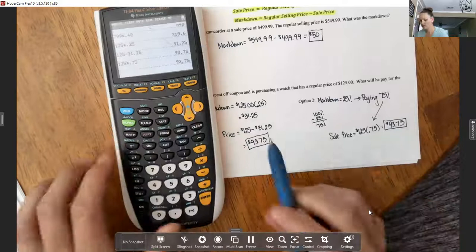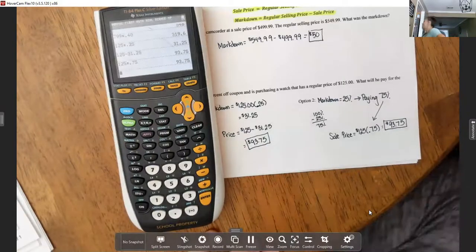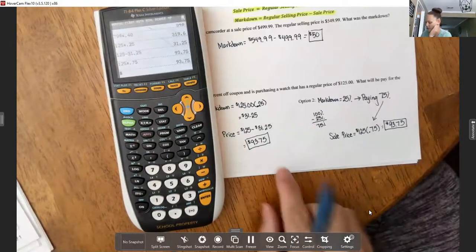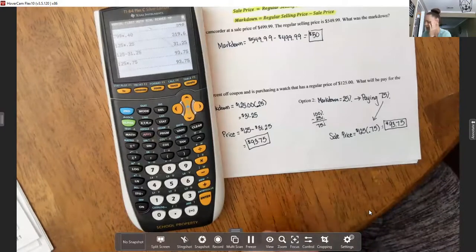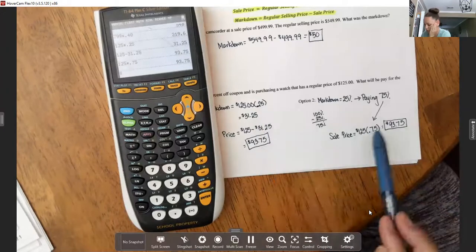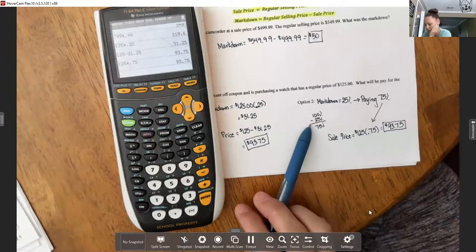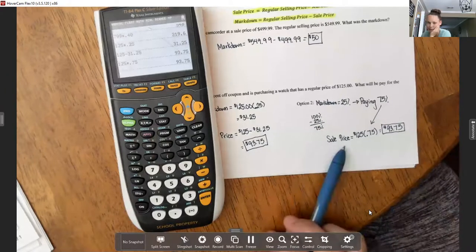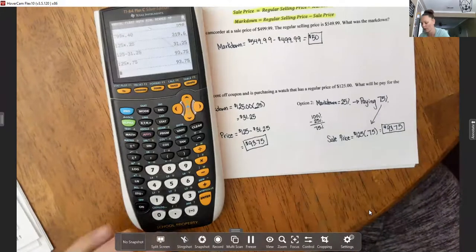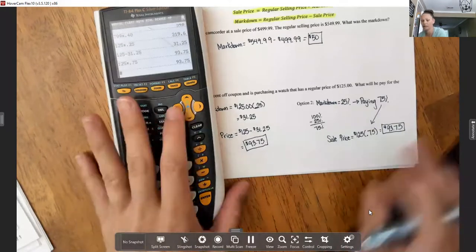So they both have the same, yes, fine. They both have multiplication and subtraction, but this one, the subtraction might be a little bit easier, but you're going to get the same answer. So it just depends on what way you want to go about it and what the problem's asking.